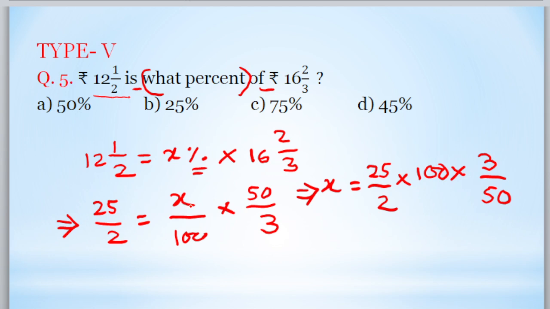When these numbers are moved to this side, it becomes like this. Then 50 2s are 100, and this 2 and this 2 are cancelled, so 2 1s are 2. That means 25 into 1 into 3 is equal to 75. That means your option C is the right answer.